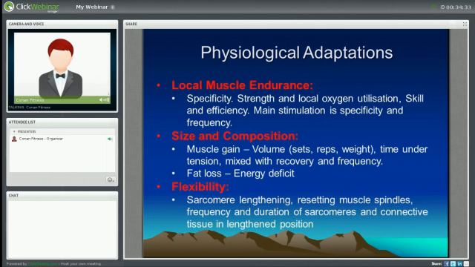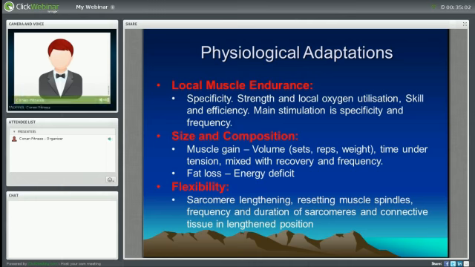And that comes from practicing specifically the movement or the exercise that you want to get good at. There is a skill and efficiency component. Remember, the more you do something, the more efficient you get, therefore the less demand on energy, and the less demand, the less local muscle endurance you need. So that's good for performance. And the main stimulation is specificity and frequency. So again, do it specifically and do it often.